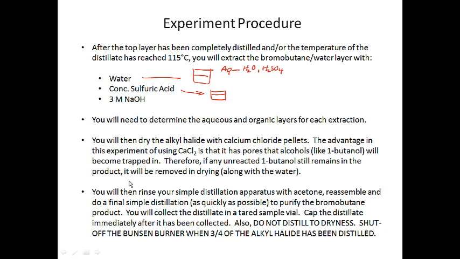So the sulfuric acid layer will remove our dibutyl ether and any unreacted 1-butanol. Okay, so we're taking advantage of that acid-base reaction between the alcohol and the acid to remove those. One is an unwanted side product, and the other one is actually the starting material.